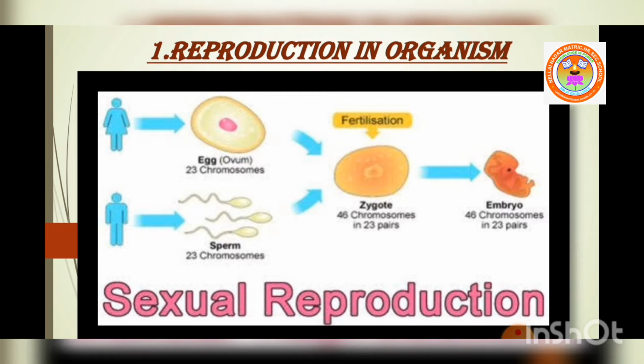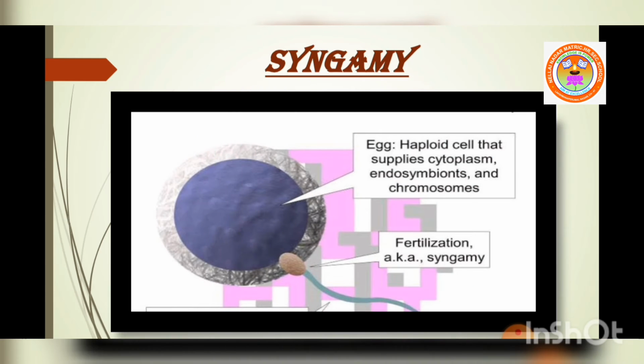So sexual reproduction involves the fusion of male and female gametes to form a diploid zygote which develops into a new organism. It leads to genetic variation.